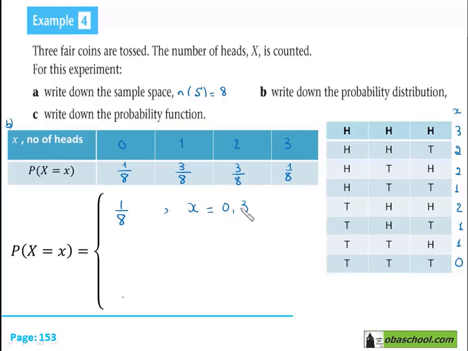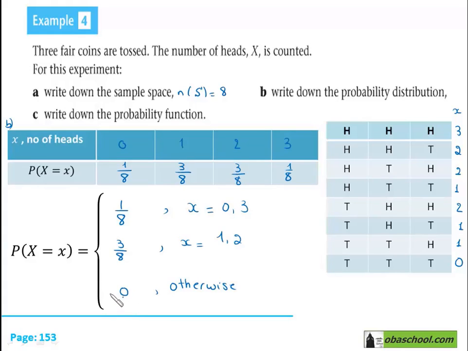So here we write 0 and 3. The second probability is 3 over 8. This probability resulted for the values of x, which are 1 and 2. Finally, we write 0, otherwise. 0 means that we have no other probabilities.